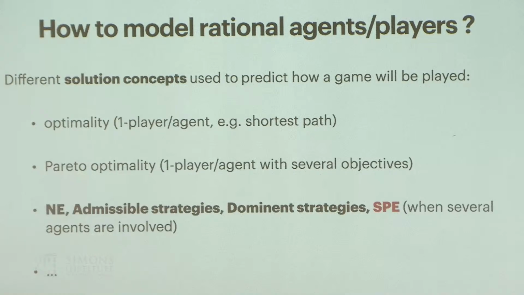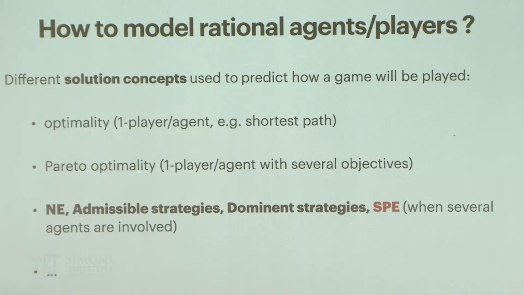There can be several of them, but at least this notion will allow you to predict how the agent should behave if he is rational. This is the simplest setting, and we use that all the time.